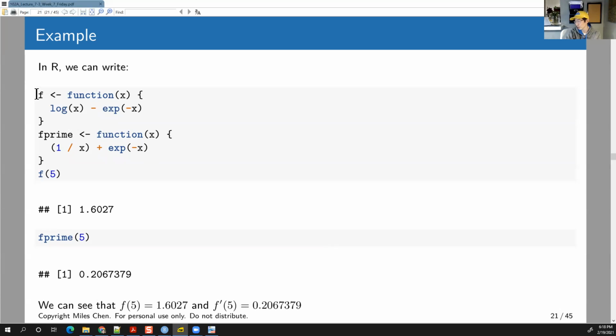What we did is we wrote f is log of x minus e to the negative x, and then we said f prime is going to be 1 over x plus e to the negative x. If we evaluate f at 5, we get 1.6, and if we evaluate f prime at 5, we get 0.2067. So the derivative at 5 is 0.2067.